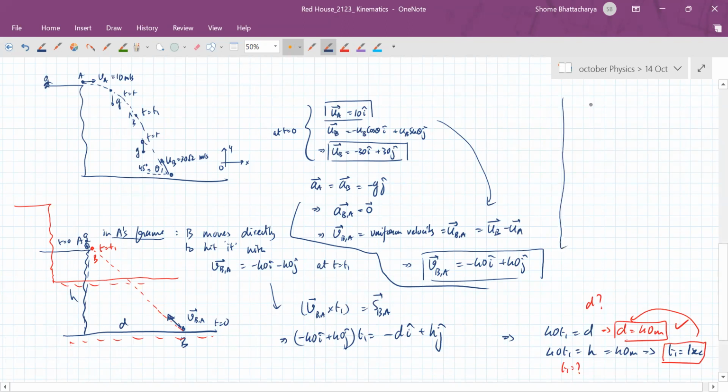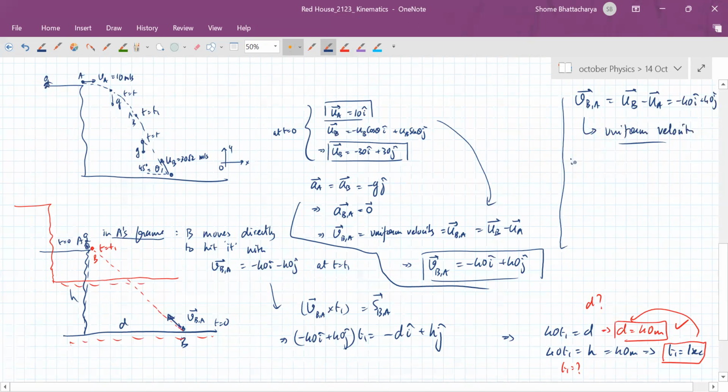The idea here is that the velocity of B with respect to A, which is the difference of the initial velocities that we calculated, minus 40 i cap plus 40 j cap, is a uniform velocity.